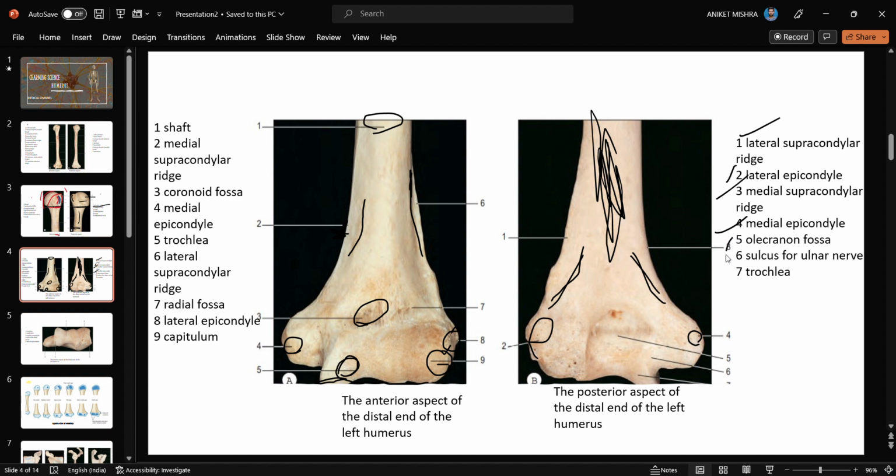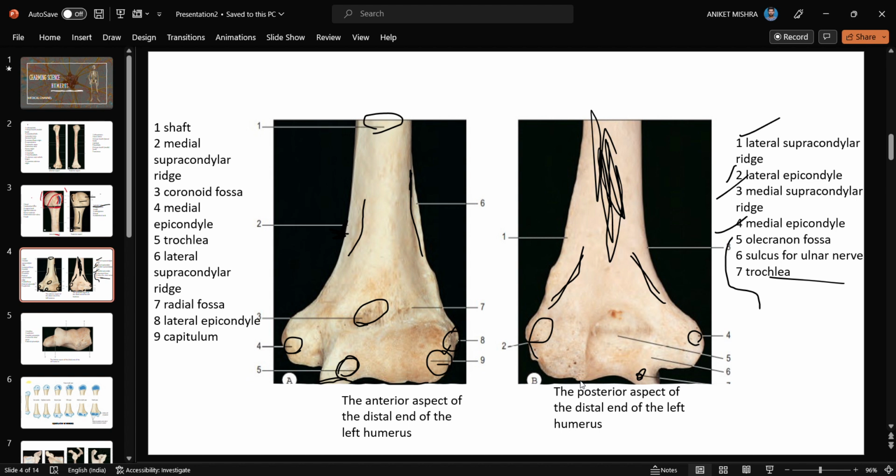There are also the olecranon fossa and the sulcus for the ulnar nerve. Trochlea, we talked about that. This is the trochlea. Now we have to talk about the olecranon fossa and the sulcus of the ulnar nerve. The olecranon fossa lies just above the posterior aspect of the trochlea.